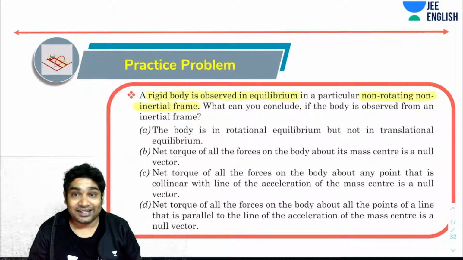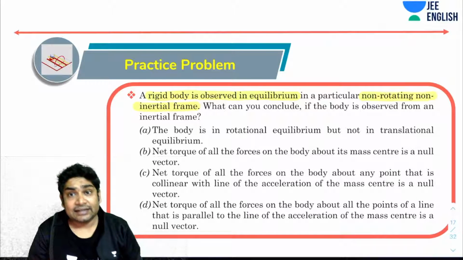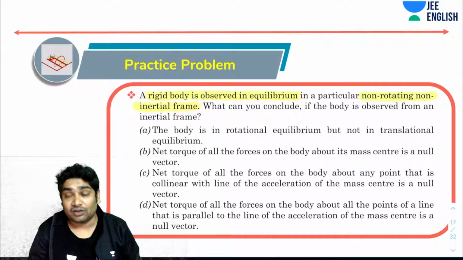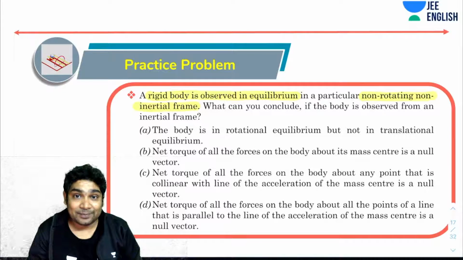So the options are A, the body is in rotational equilibrium, but not in translational equilibrium. Option B says the net torque of all the forces on the body about its center of mass is a null vector. Option C says the net torque of all the forces acting on the body about any point that is collinear with the line of acceleration of the center of mass is a null vector.